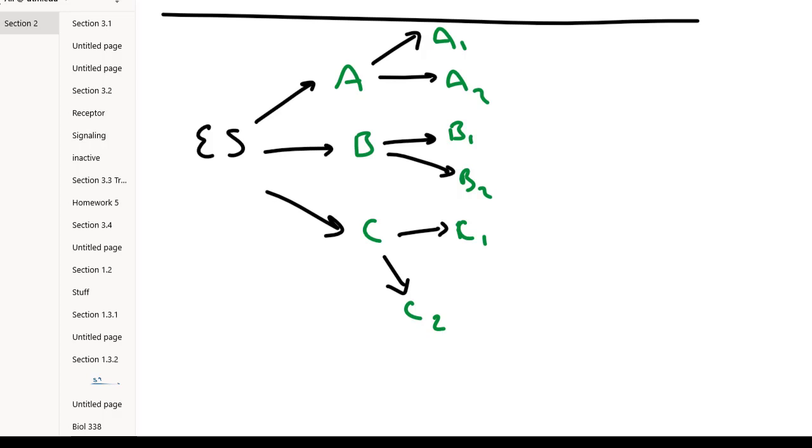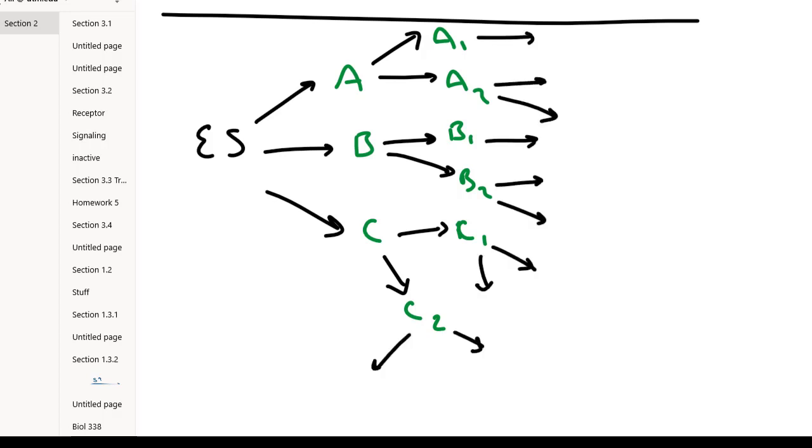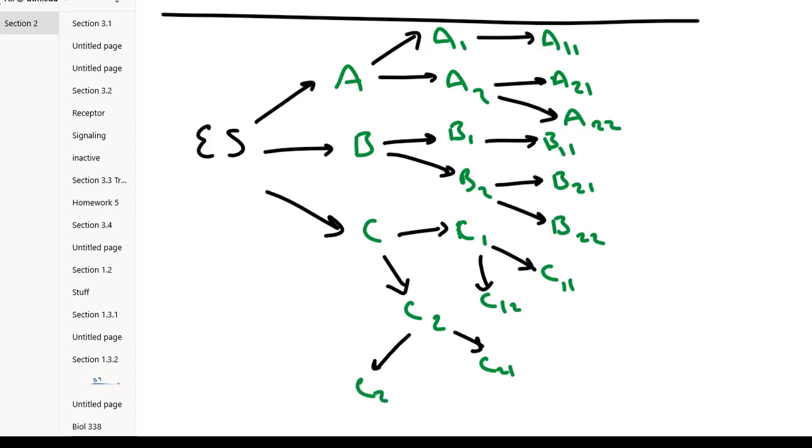And these can split off even more, and you get A11, A21, A22, B11, B21, B22, C11, C12, C21, C22.